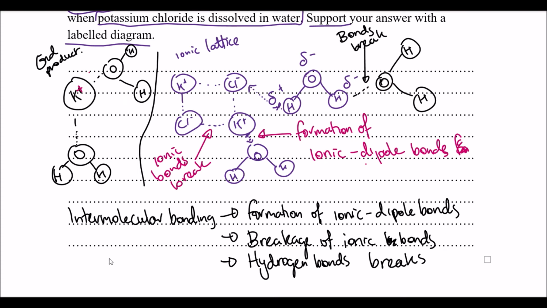So in terms of the entropy, increased as ionic lattice is broken, and also we get a randomized formation of the ion dipole molecules.